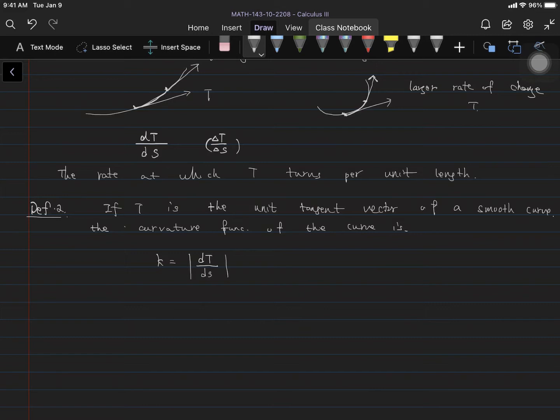So it means the rate of change of the tangent, or direction of motion, with respect to arc length. Next, let's see how to calculate the curvature.